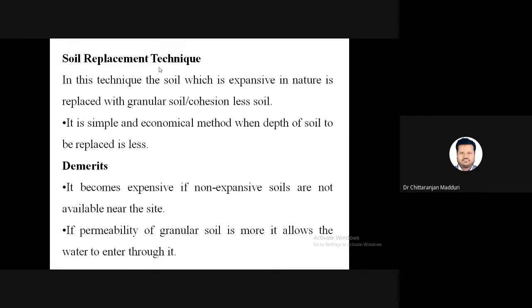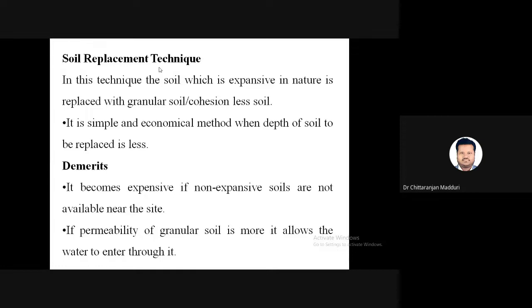The second thing is, if the permeability of the granular soil is high, it allows water to enter through it. Here we are using non-expansive soil such as granular soil or cohesionless soil, sometimes gravel or coarse grained soils. Even though the soil is replaced with granular soil, during rainy seasons the water may percolate through this granular soil and again reach the expansive soil.